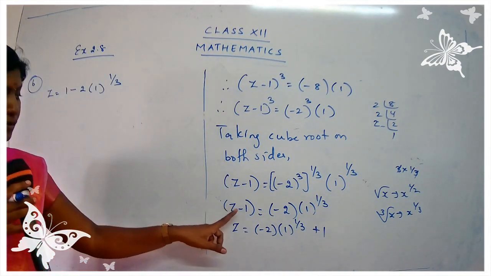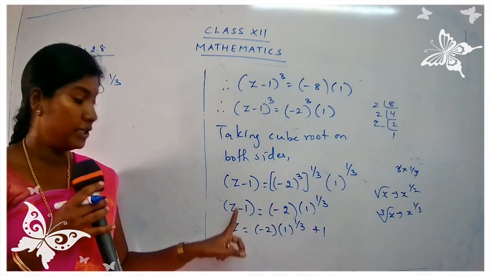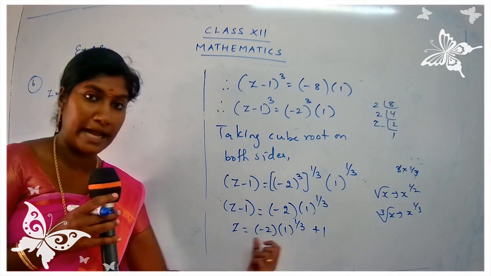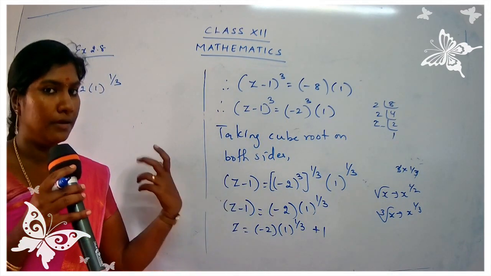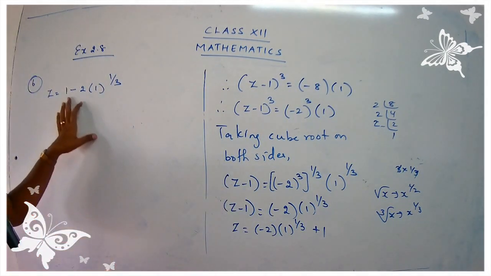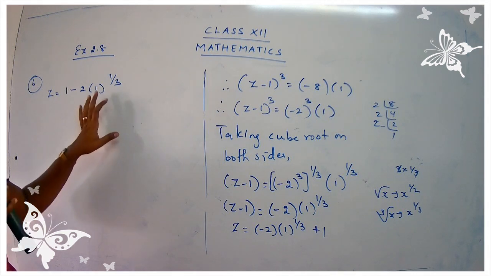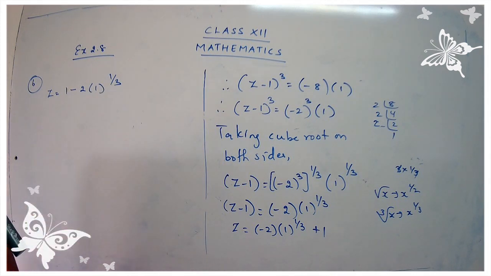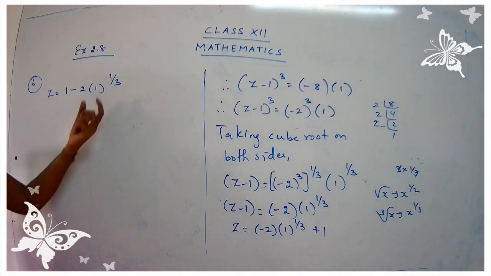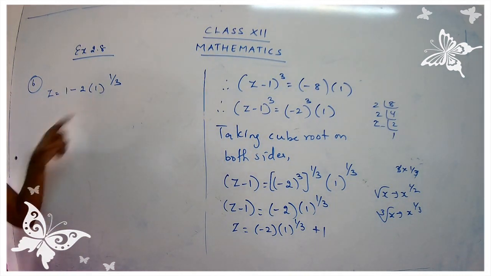It's like this. I'm just going to bring this minus 1 to that side. So it turns to be plus 1, but I just don't want this format. I want the first term to be positive, so I'm just keeping it as 1 minus 2 into 1 the whole raised to 1 by 3. Okay, children? Okay, now we have to go for the explanation for this part.